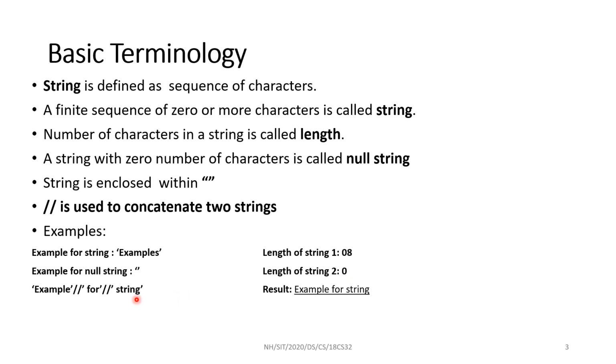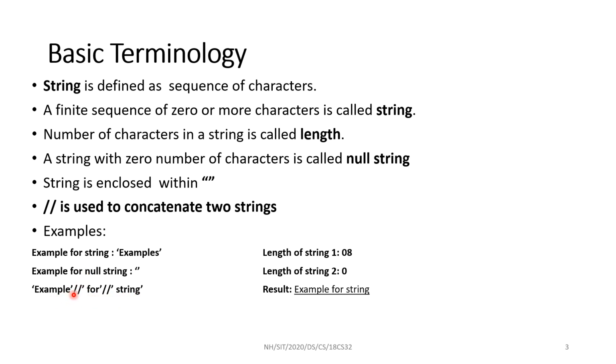Two or more strings can be concatenated. Example for string: my first string is example, second string is for, third string is string. These three strings are concatenated. To perform that operation, two slashes are used.